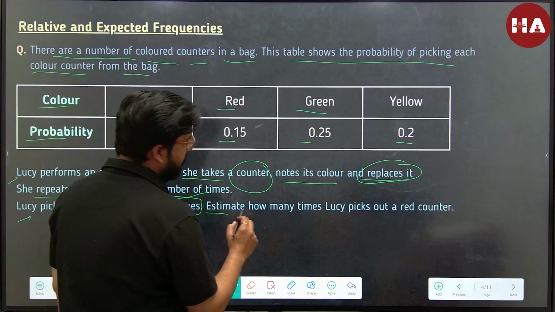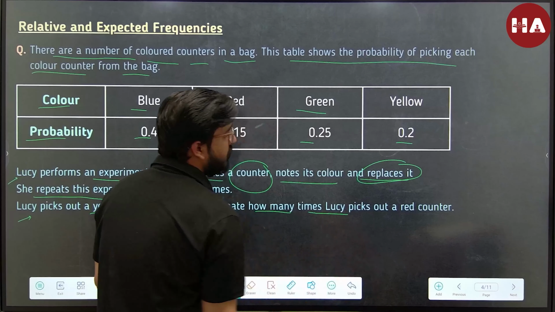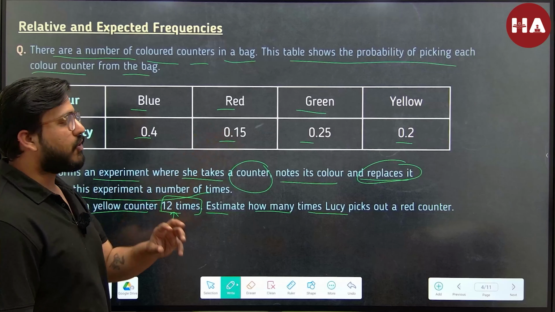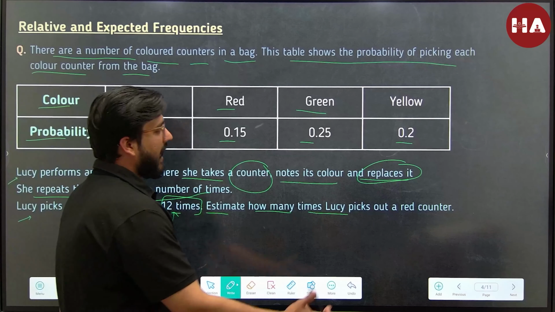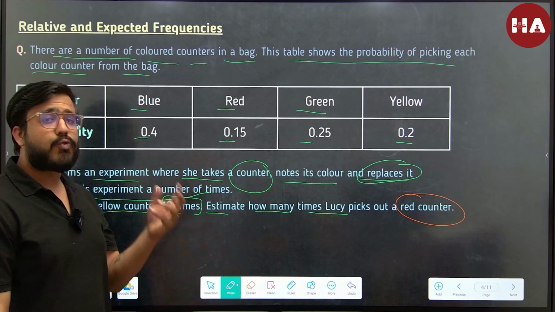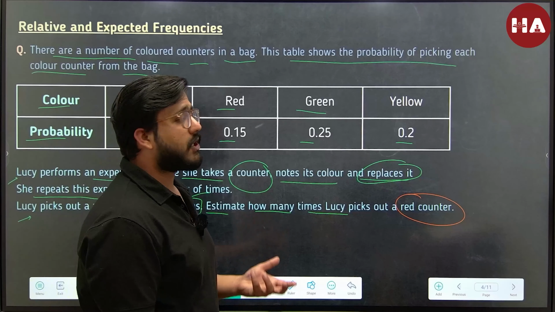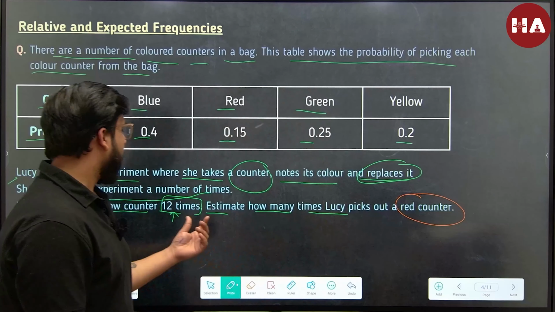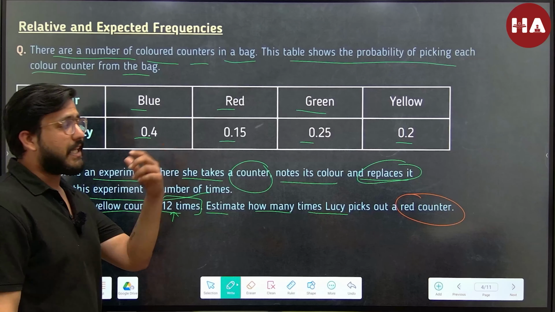Now I have to estimate how many times Lucy picks a red counter. I have been asked about the red counter and I don't have the total number of outcomes or trials, so I can find it with the help of the data given for the yellow color.